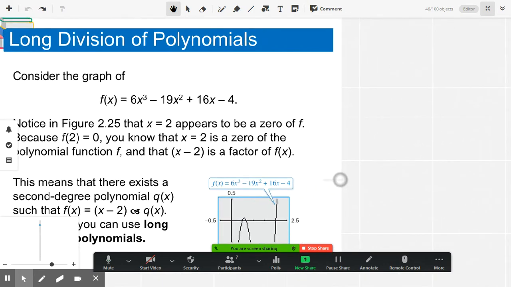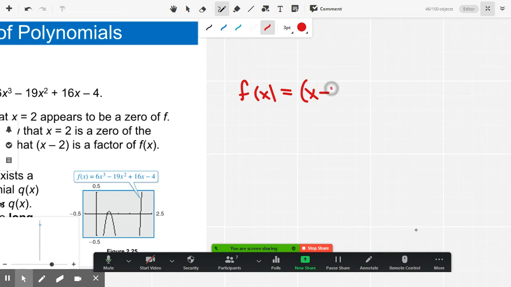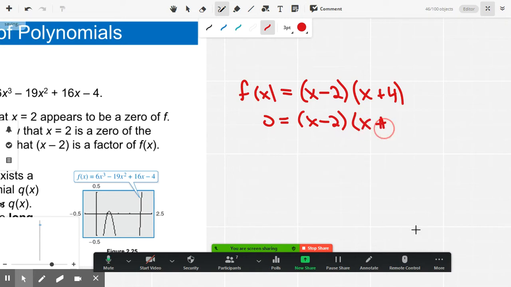Let me slide this over. If we have a function that is in factored form, we did this some in the last section. If I have x minus 2 times x plus 4, if we have the function in factored form and we set it equal to 0 to find the zeros of that function, then if you recall, what we do is we simply take each factor and set it equal to 0.